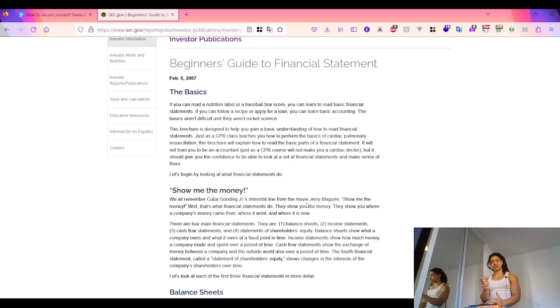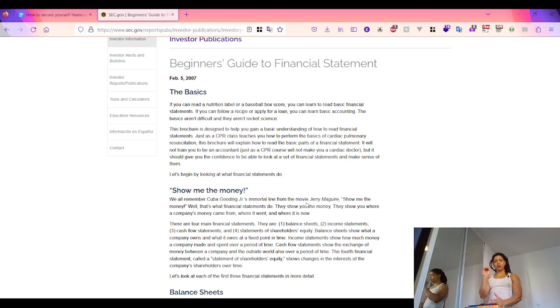The cash flow statement shows the exchange of money between the company and the outside world over a period of time. And the statement of shareholders' equity shows the changing interest of the shareholders over time.